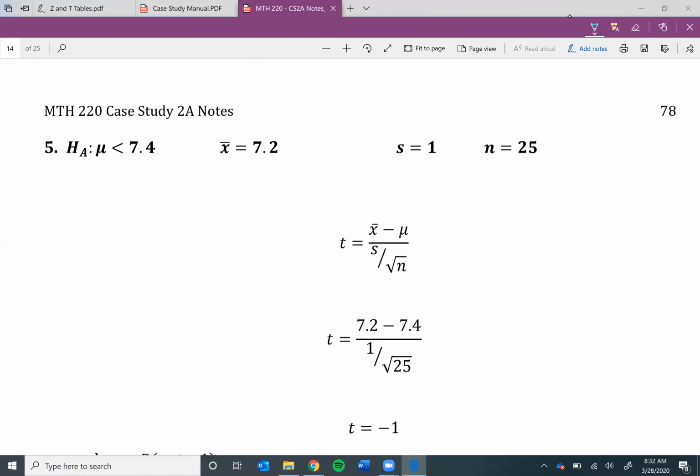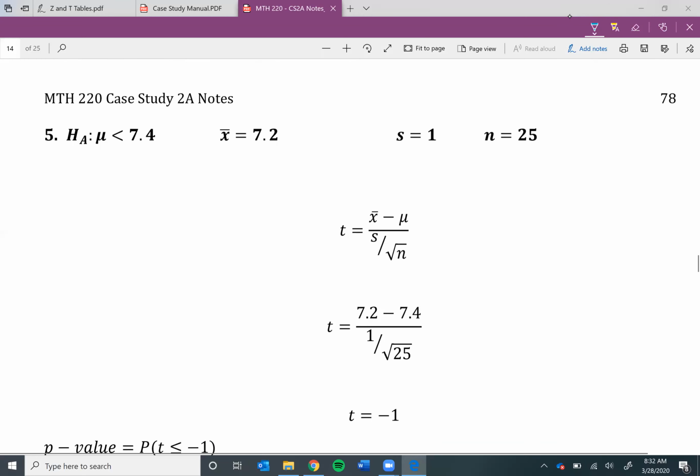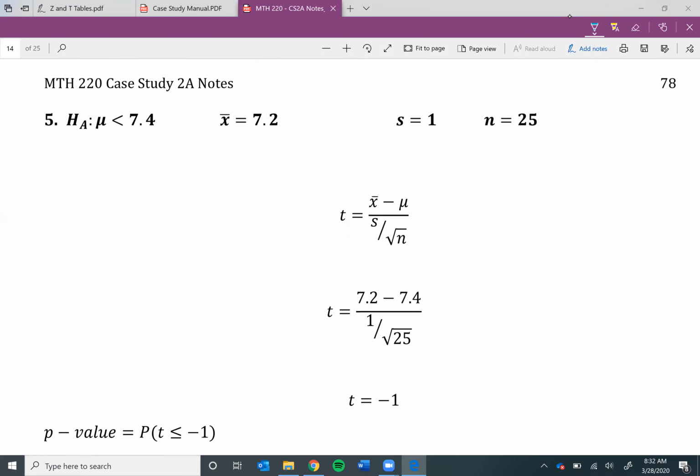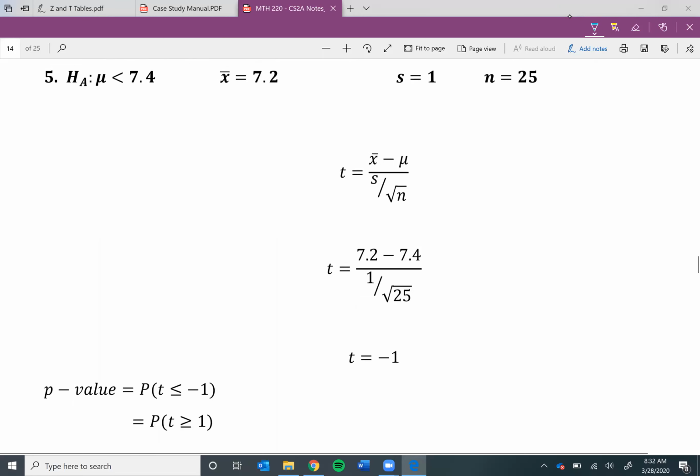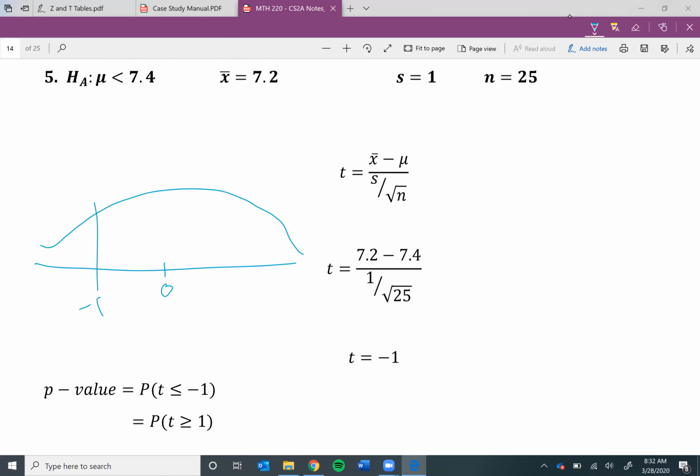Okay, so now we are going to look at the probability for p-value being the probability that t is less than or equal to -1. Which again, we can use symmetry here. So if I want to draw my picture, zero down here at -1.